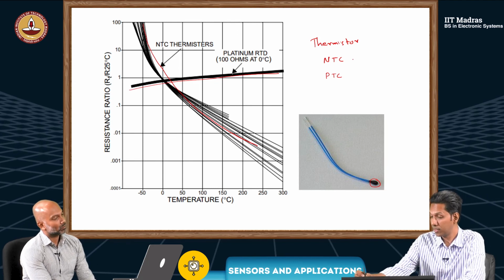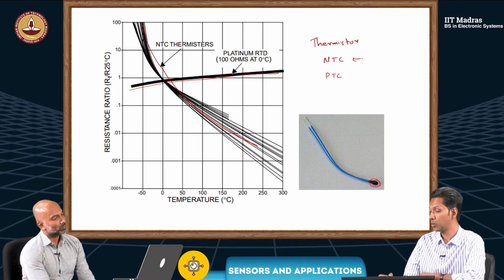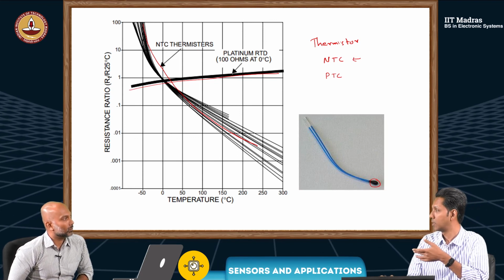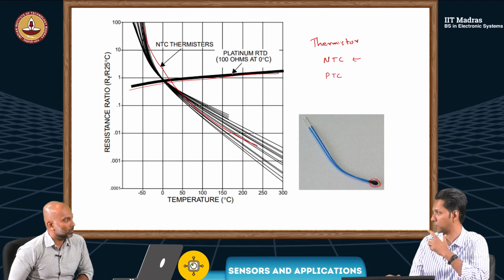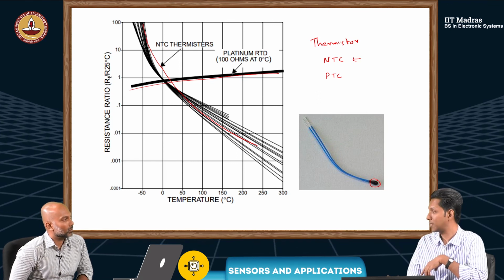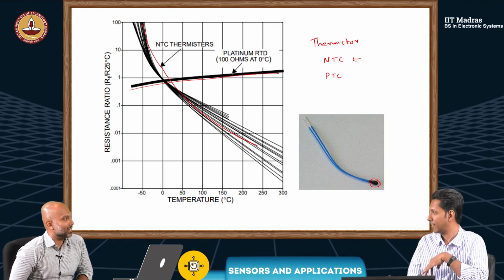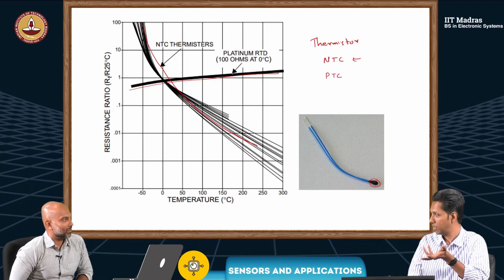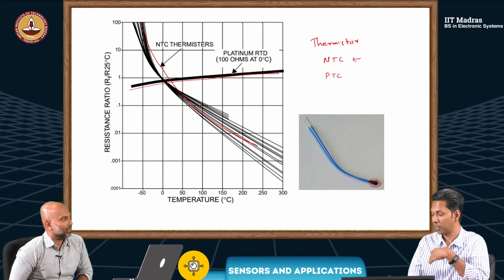Because in NTC, we said it's due to the free electrons and holes that come from the increase in temperature. But in the PTC, it will not be that. It is not due to the release of such electrons or holes.